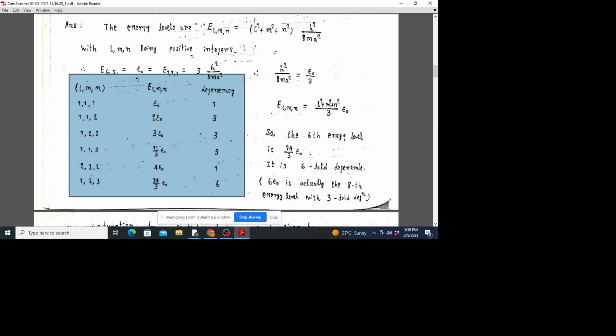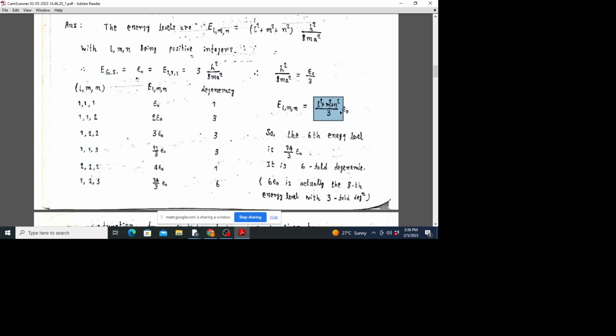Substitute 1 1 2 here and you will get 2: 1 plus 1 plus 4 is 6, and 6 by 3 is 2. So substituting 1 1 2 in that relation, the energy eigenvalue is 2 epsilon naught and the degeneracy is 3, because L takes 1, M takes 1 and N takes 2.